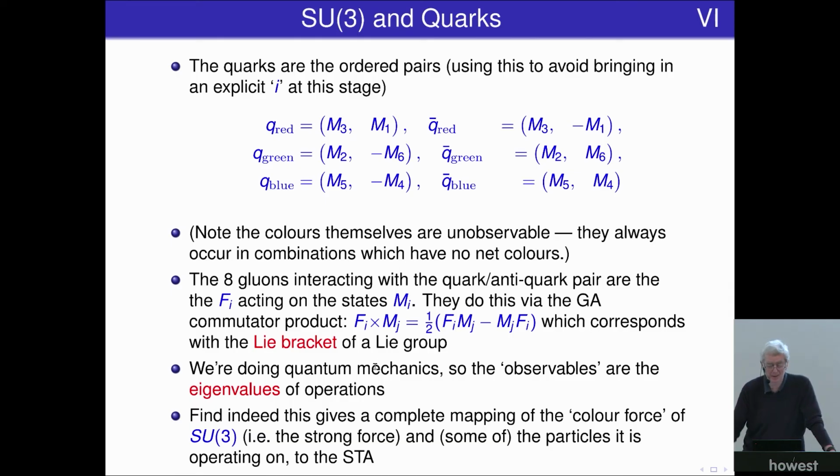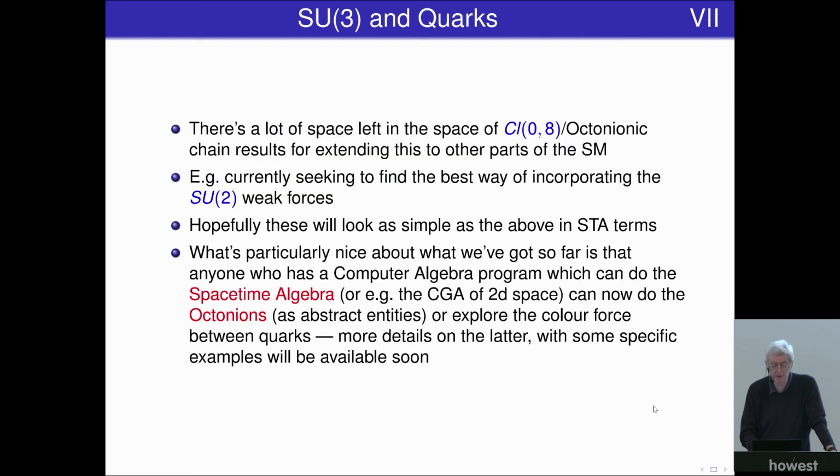I'm sure you do as well. But this gives a complete mapping of the color force and some of the particles it's operating on. This quark with all 3 colors and its antiparticle. And you'll see that you've got 7 plus 7, which is 14 dimensions, and that turns out to be exactly this group, G2, that is the lowest exceptional group.